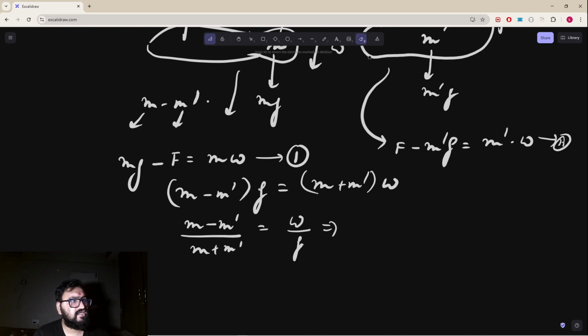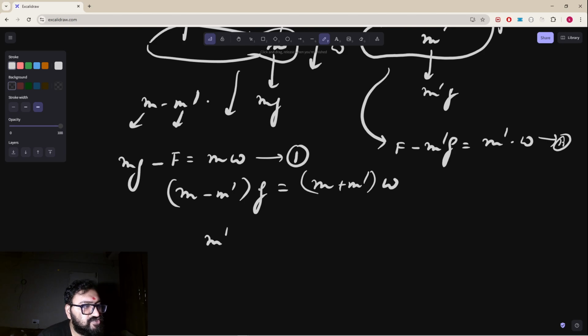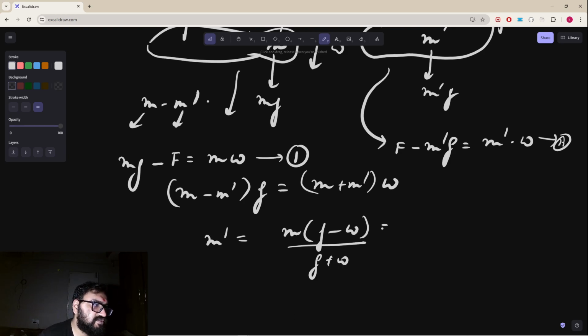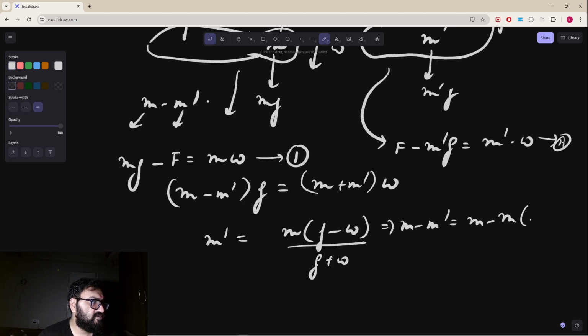So I'll write down my m dash as m into g minus omega divided by g plus omega. Which implies m minus m dash is equal to m minus m into g minus omega divided by g plus omega.